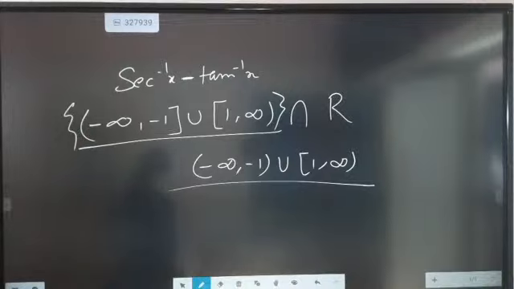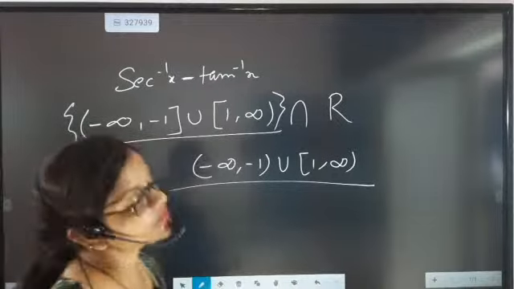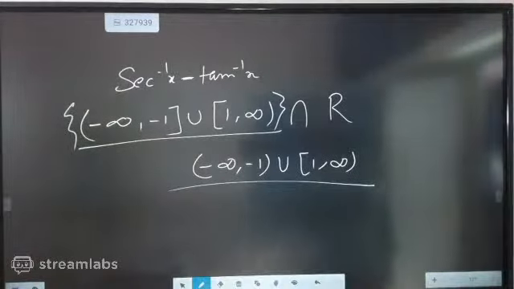Answer is absolutely correct. The reason behind it is that the tan inverse x domain will be the set of real numbers.